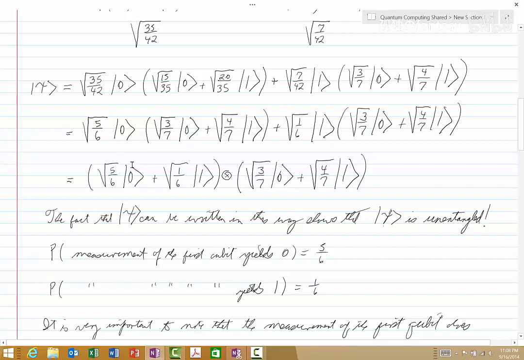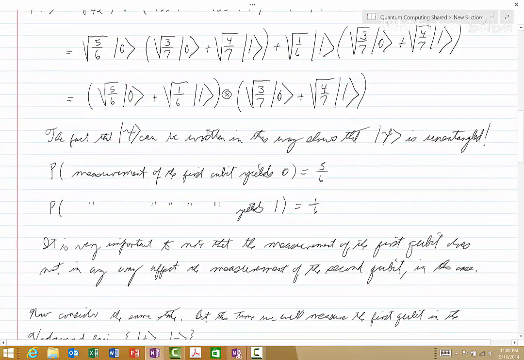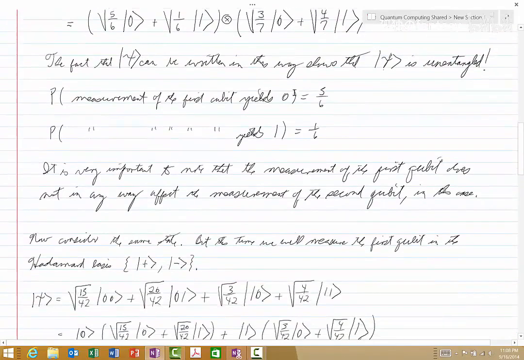But regardless of whether she measures a 0 or a 1, Bob, who's measuring the second qubit, will measure 0 3/7 of the time and 1 4/7 of the time. And what Alice does has no effect on what Bob sees.